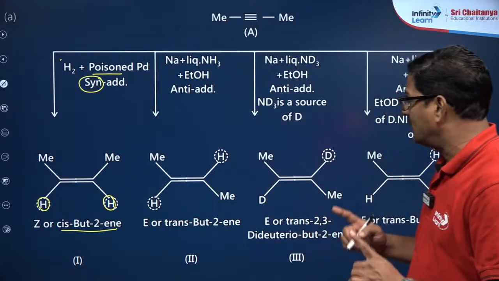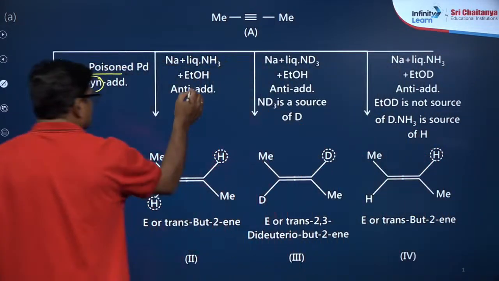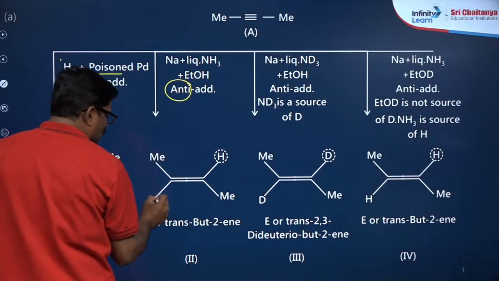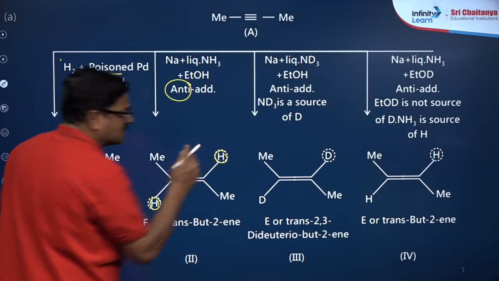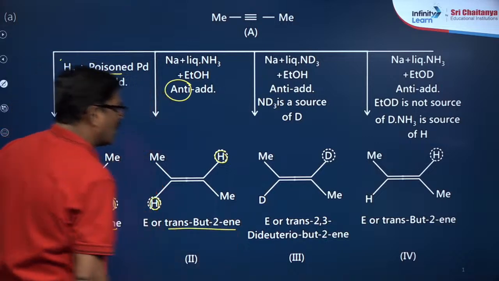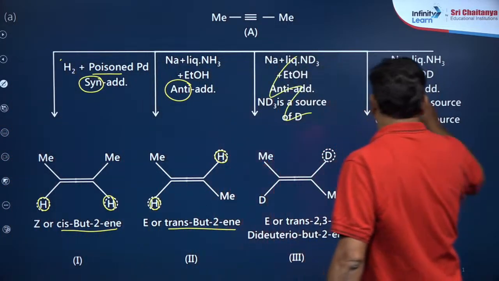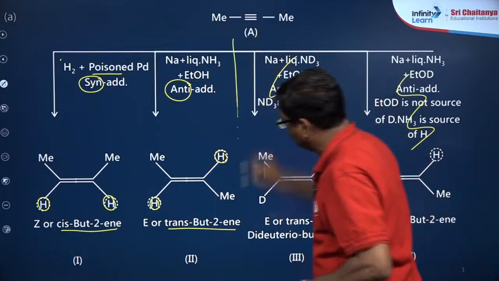Cis-butene is formed. That is very important. If it is sodium and liquid ammonia, it is anti-addition, so that you are going to get hydrogens on the opposite side. Therefore, you are going to get trans-but-2-ene. Okay, you don't have to worry about this. You just focus on these two.